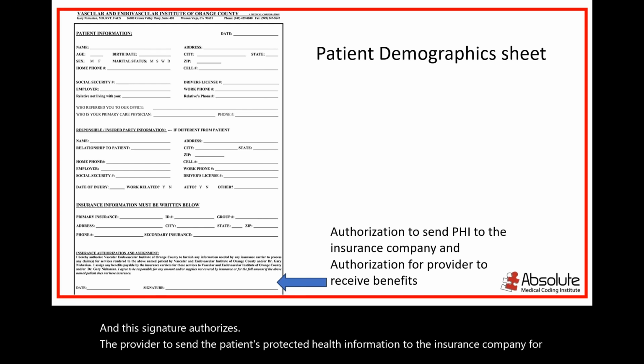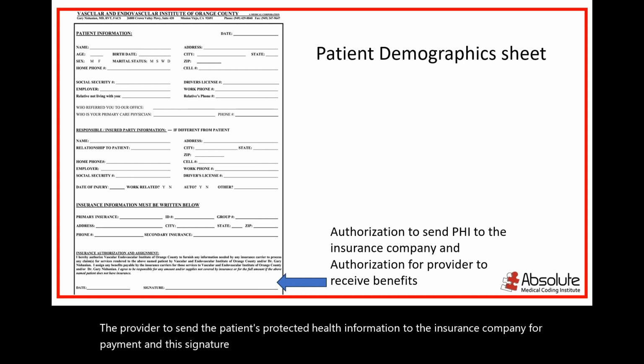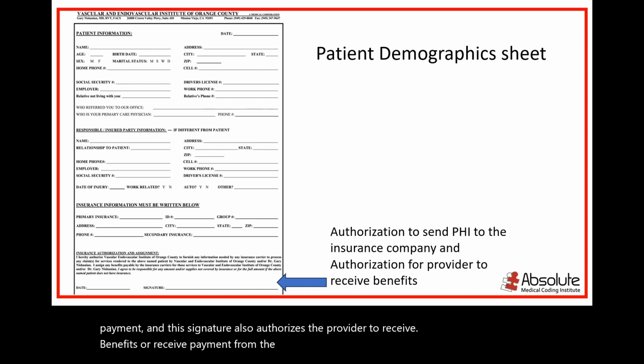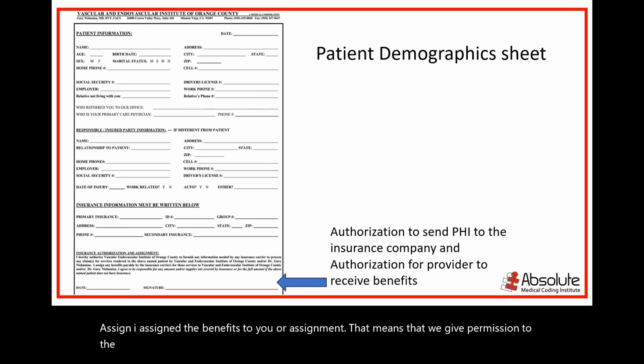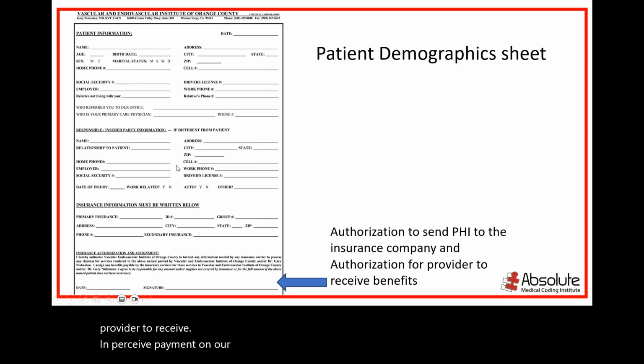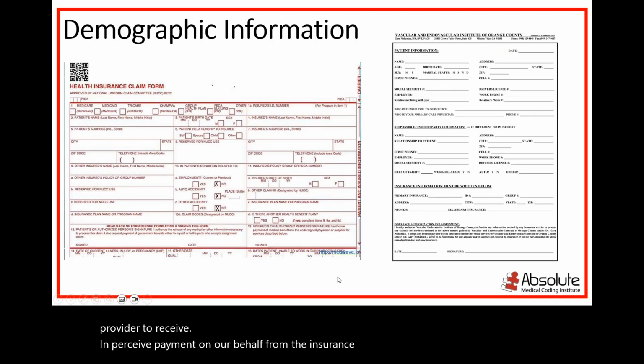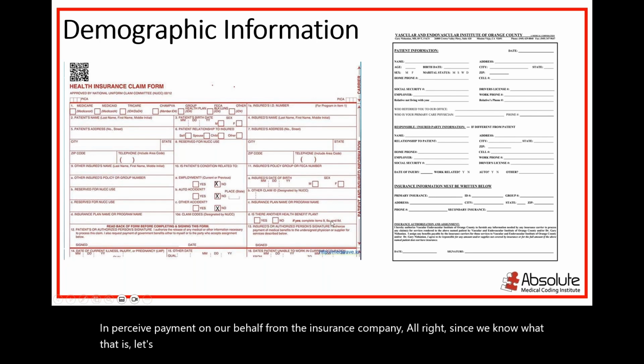And this signature also authorizes the provider to receive benefits or receive payment from the insurance company. So whenever you see "I assign the benefits to you" or assignment, that means that we give permission to the provider to receive payment on our behalf from the insurance company. All right, since we know what that is, let's go ahead and fill out this form.